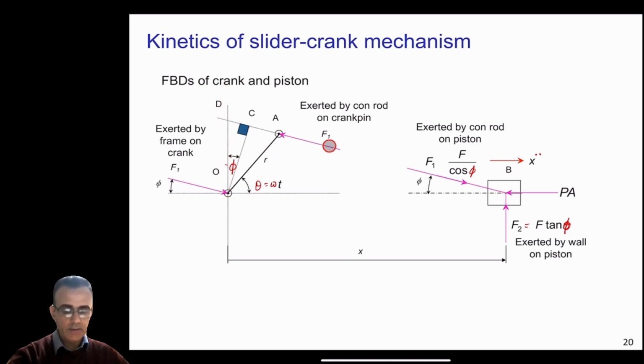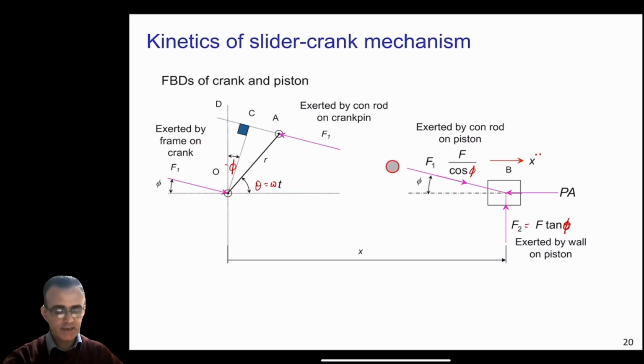Now if you have this F1 in this direction here, a similar force will be exerted by the engine frame on the crank, in the same direction as this force here, and these should be equal and opposite to each other. So F1 is again in this direction on the crank. This means that the crank is exerting force F1 on the engine block or the engine frame, and the engine frame is exerting the same force F1 on this point here.